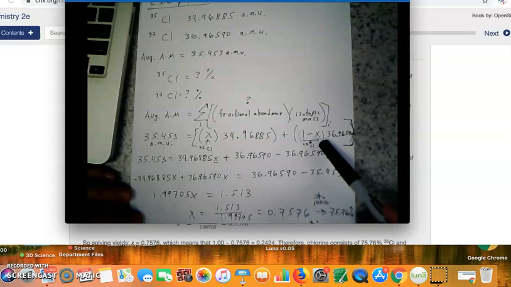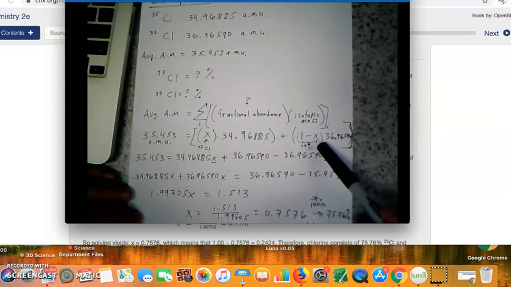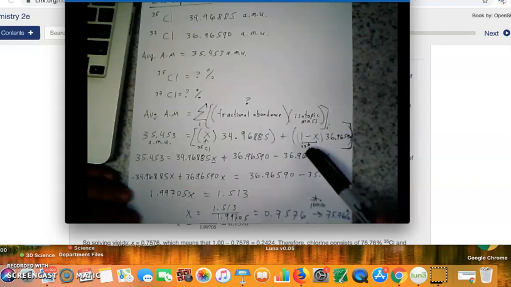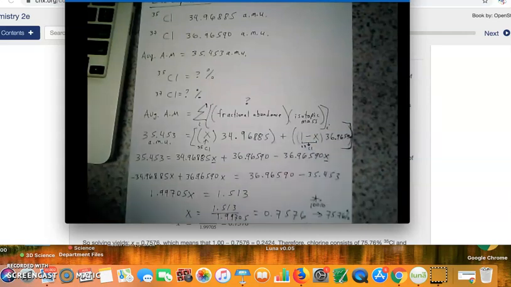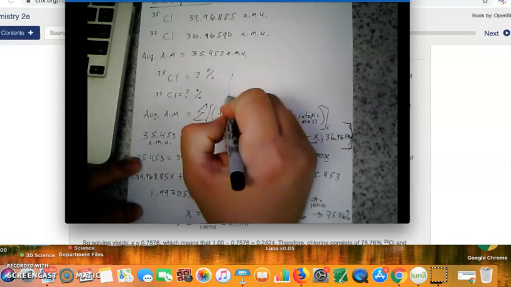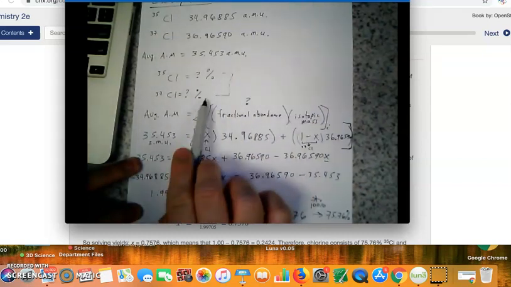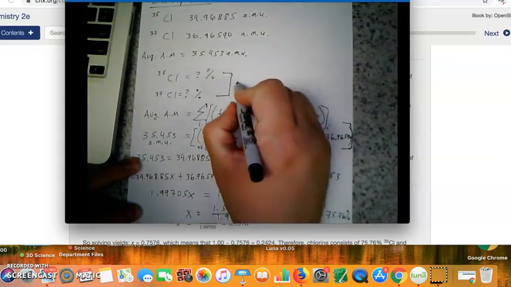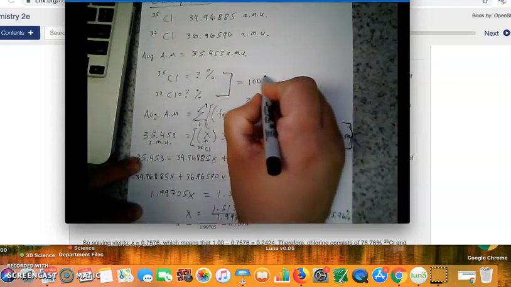Now, this technique is only really good if you're using two different isotopes. Of course, we are. But why 1? If you think about percentages, if we added up the percent abundance for these two isotopes, because there are only two isotopes for chlorine, they should add up to 100%.